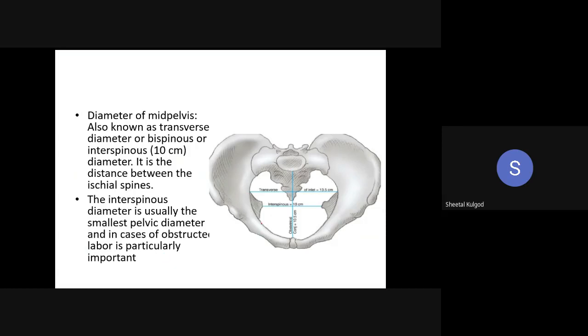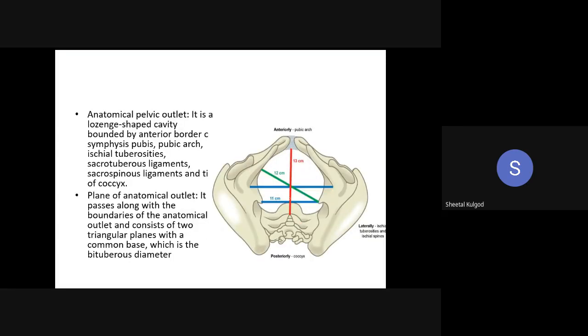As you can see here, the interspinous diameter is 10 centimeters, which is the smallest diameter in the pelvis. Another important thing you have to remember. Coming to the outlet, it is a lozenge-shaped cavity bounded anteriorly by the pubic symphysis, pubic arch, and then you have the ischial tuberosities, sacrotuberous ligaments, and the sacrospinous ligaments, and the tip of the coccyx.